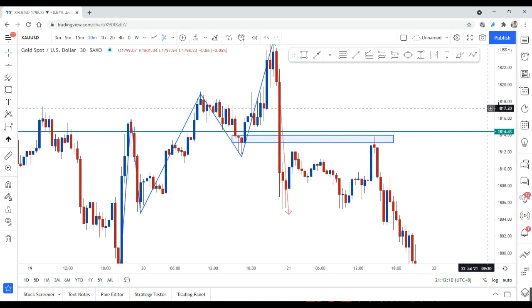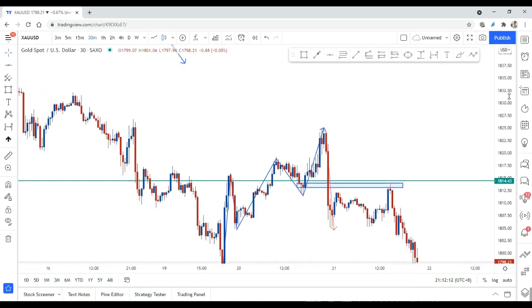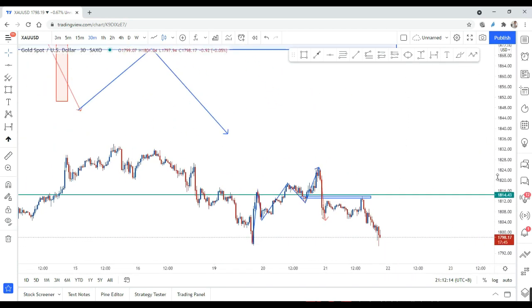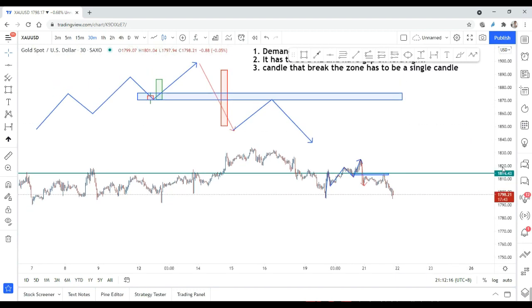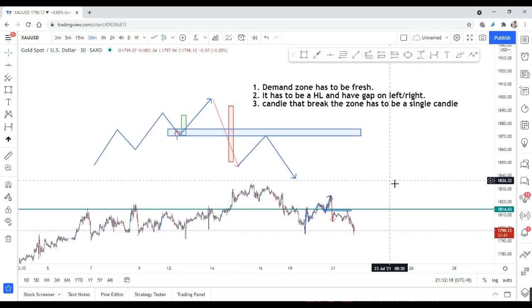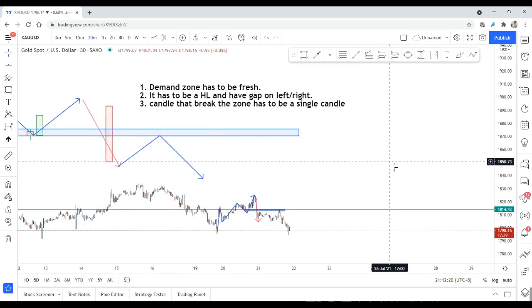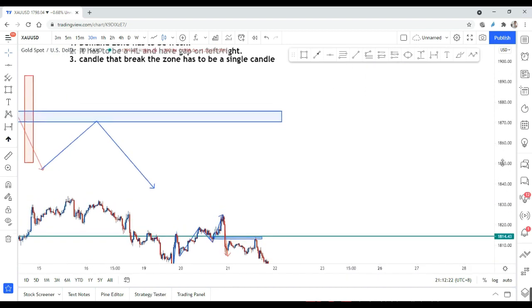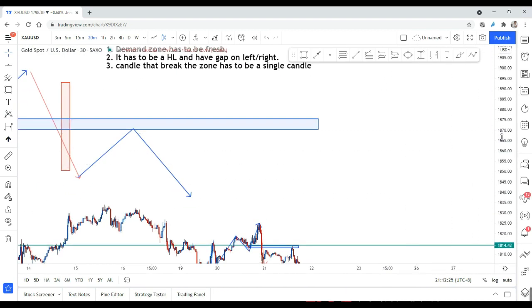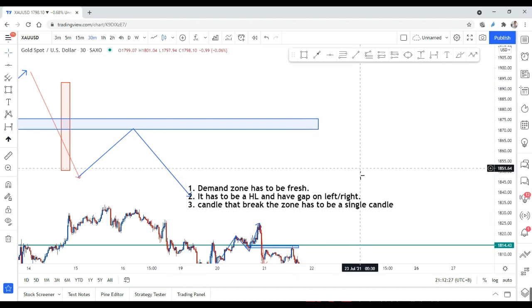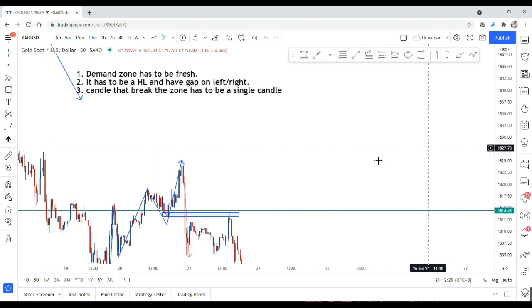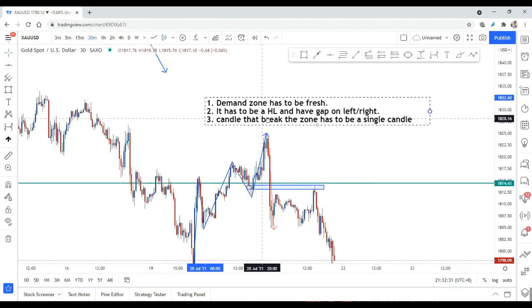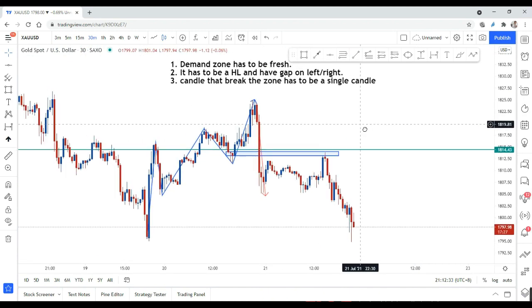If you look at it, my rules. Let me get this nearer, easier for us to look at. So what is my rule?